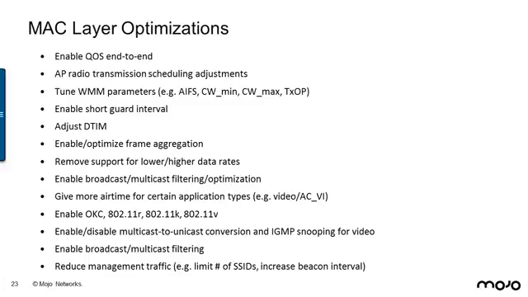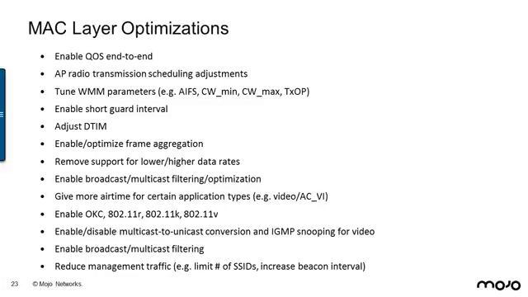Let's see, 11r, k, and v. Talk about 11k and v. Those are not supported by all clients, so you've got to be careful. You can't just rely on k and v at this point to help with your client-to-AP optimization, because that's basically what those do. They look at the available resources and then help the client make a much more informed decision about which AP would be the best AP to go to, to get the most out of the resources in the air, and so on.